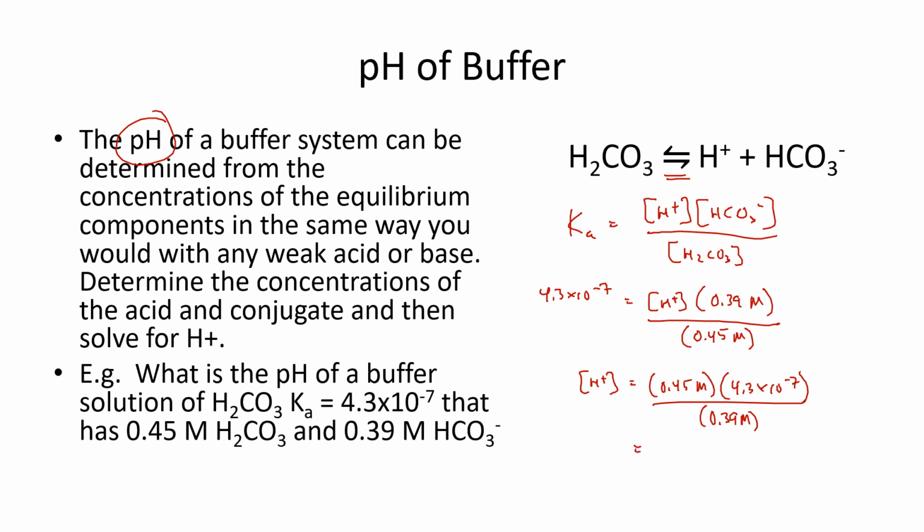And we'll work that out. I'll pause. So it's 5.0 times 10 to the negative 7 moles per liter for the hydrogen ion. And then, of course, for the pH, it's the negative log of that, 5.0 times 10 to the negative 7. And that works out to be 6.3. There we go, pH of our buffer.